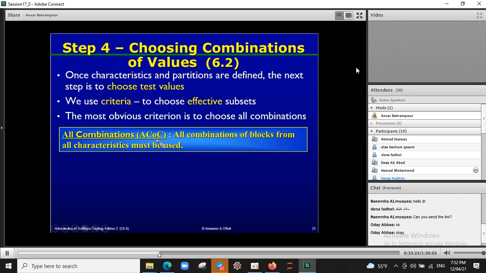It is named ACoC. ACoC stands for all combination coverage, which defines that all combinations of blocks from all characteristics must be used.